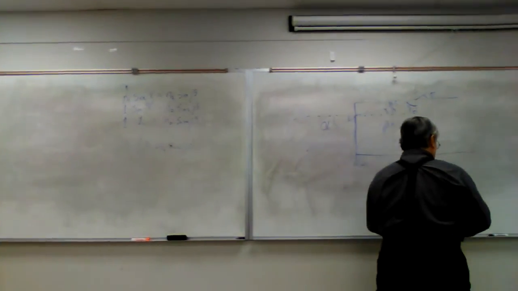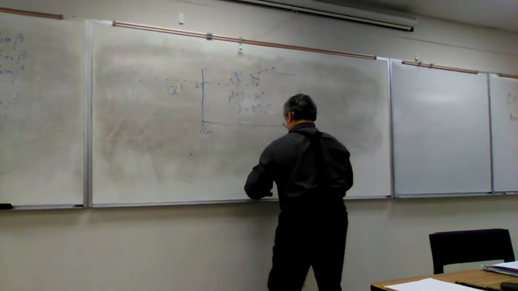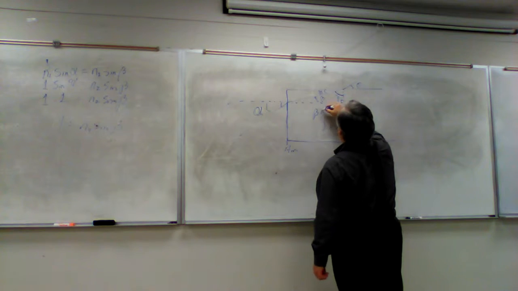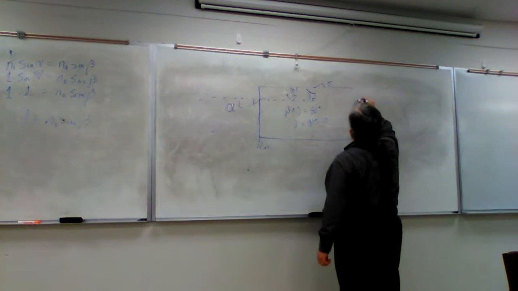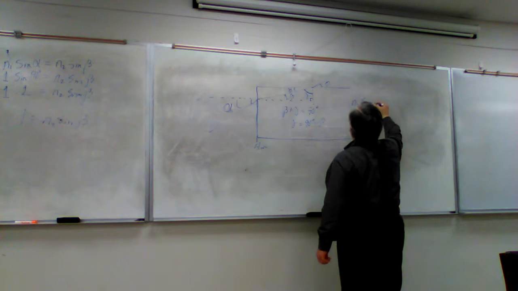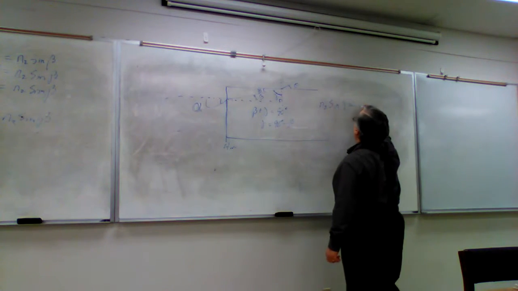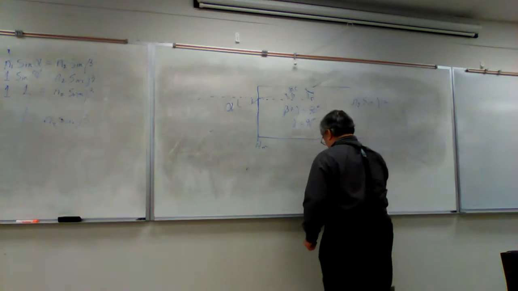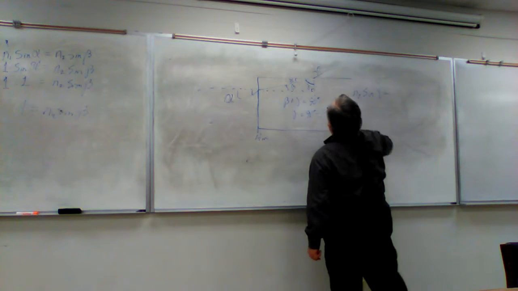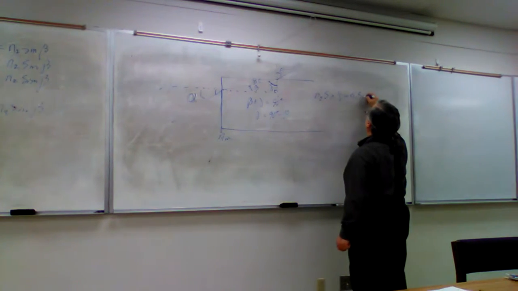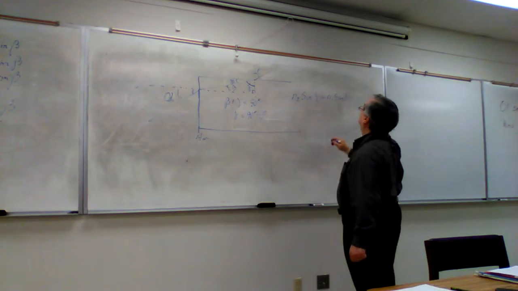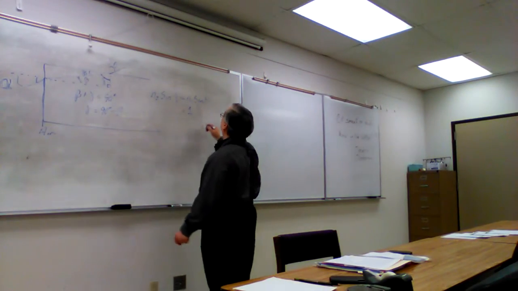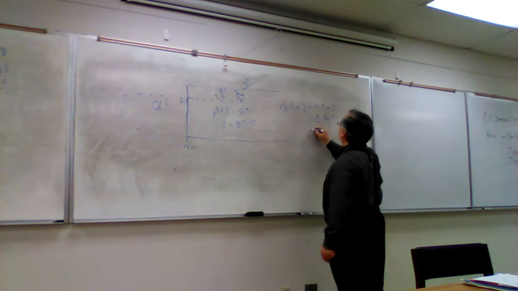Okay, now we've got another instance of Snell's law here, where we have N2 times sine of gamma is going to be equal to, I drew that angle in the wrong place, N1 times sine of theta, where N1 is air, so the index of refraction of air is just 1, times the sine of theta.